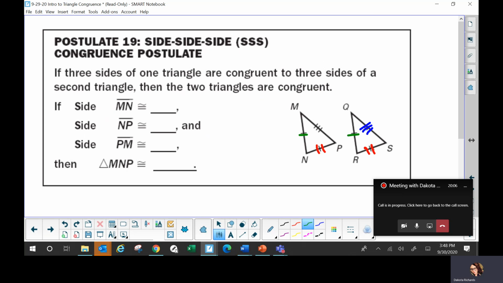Side MN, you have to go in that order, would be congruent to side QR. And then NP is congruent to RS. PM is congruent to side SQ. So that means triangle MNP, go in that order, is congruent to triangle QRS.